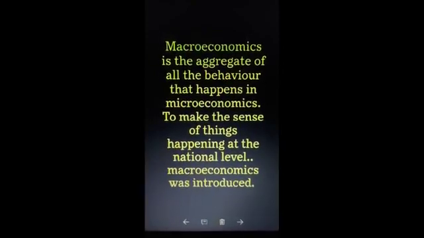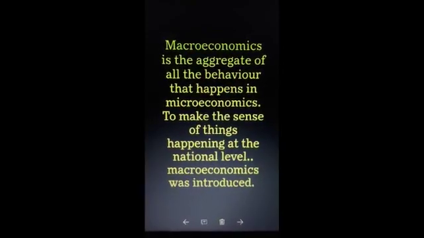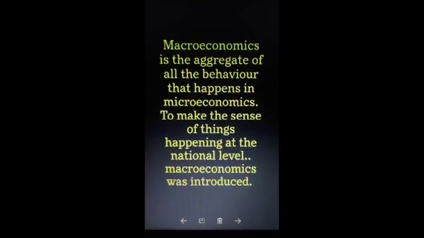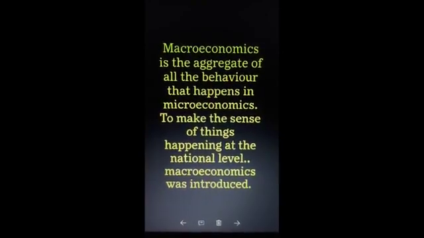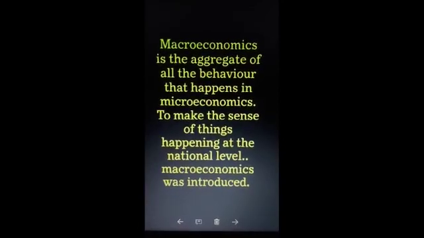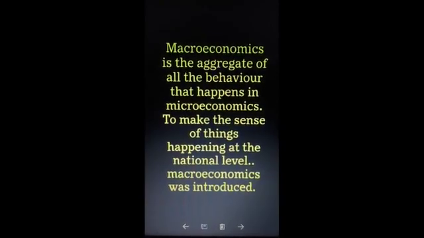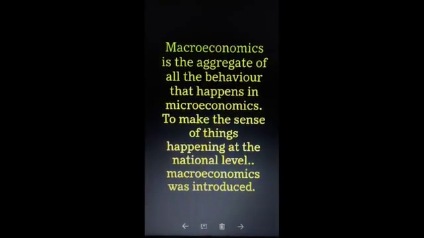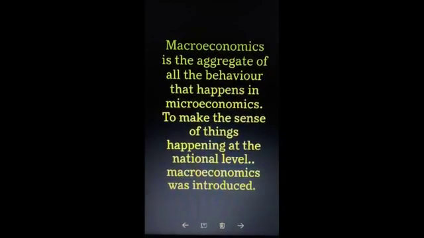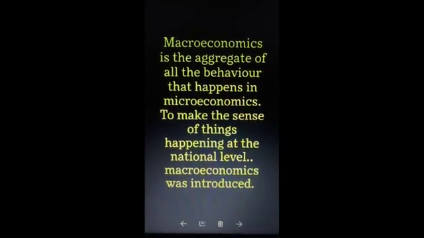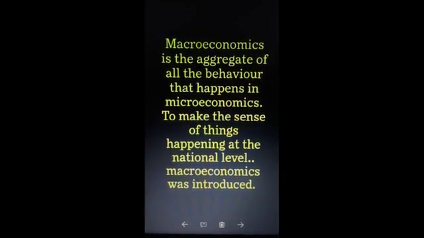If I am talking about microeconomics, I will take only the individual demand of a single consumer, that is, how many sanitizers a single consumer is ready to take at a particular price. But if I talk about the demand for sanitizers of the whole nation or the whole economy, that will come under aggregate demand, and that is the basic concept of macroeconomics.